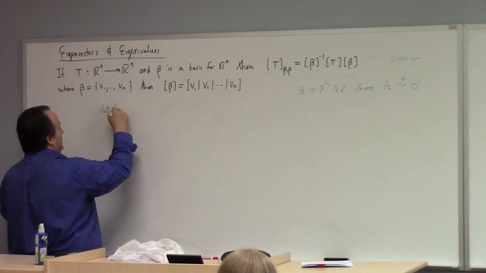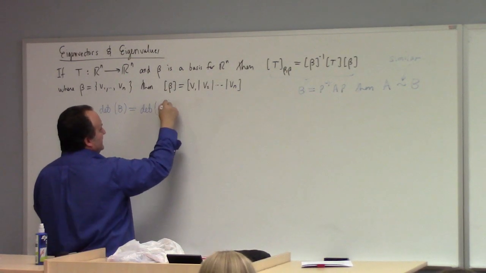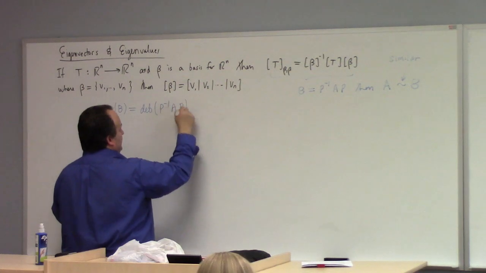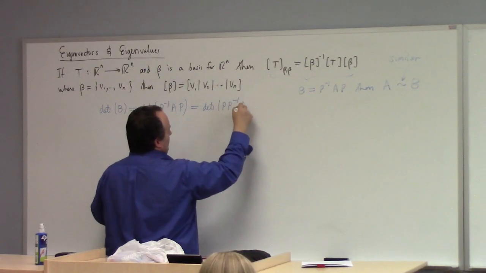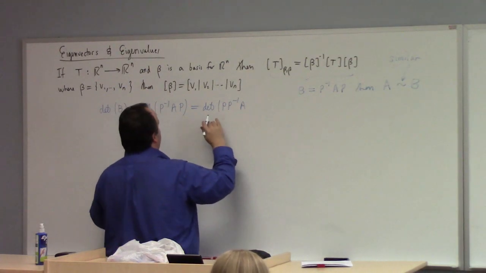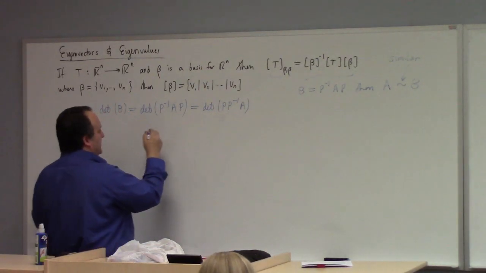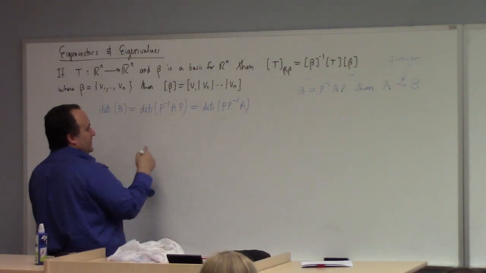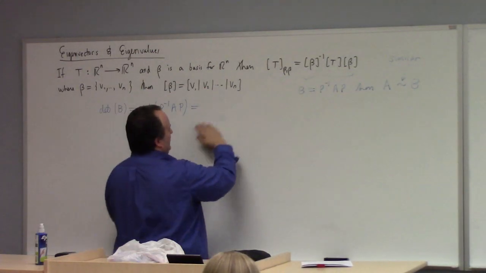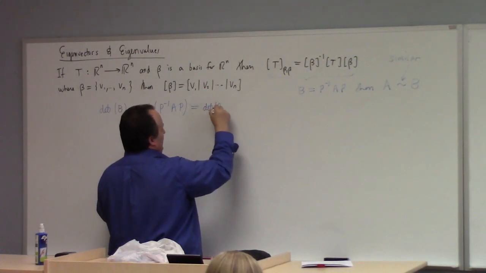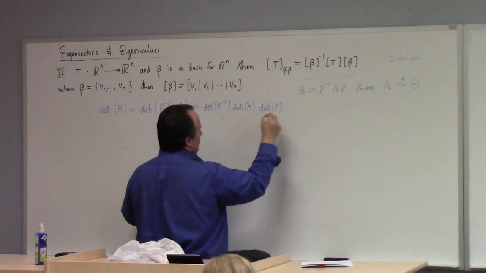Notice that the determinant of similar matrices, right, is what? It's not just similar. It's the same. So if we take the determinant of P inverse AP, that's the determinant of P inverse times the determinant of A times the determinant of P, right?